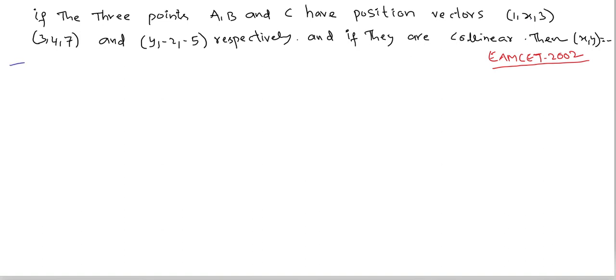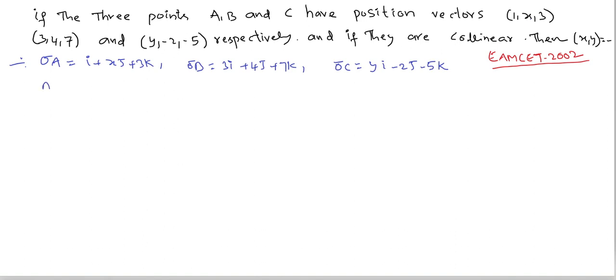Here position vectors are given, that is OA bar is equal to i plus xj plus 3k, OB bar is equal to 3i plus 4j plus 7k, OC bar is equal to yi minus 2j minus 5k. These position vectors are collinear.